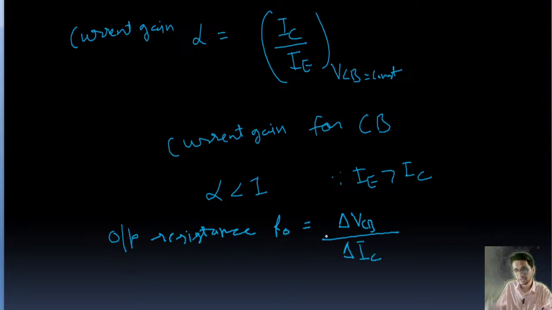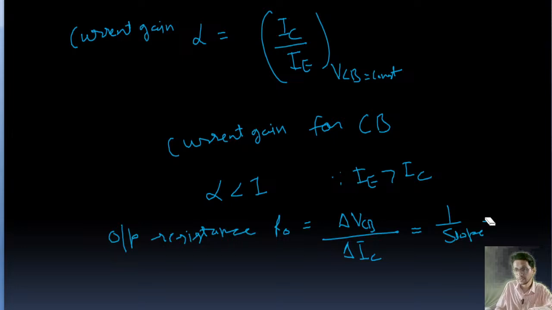This is the output resistance. Well, delta VCB upon delta IC is going to be 1 upon slope, because slope is delta IC upon delta VCB, and that is very less.